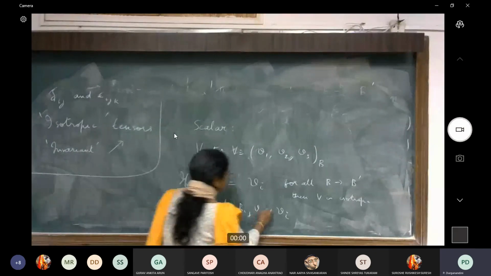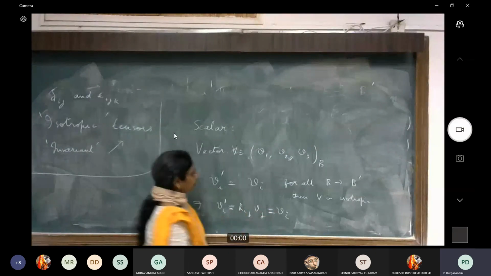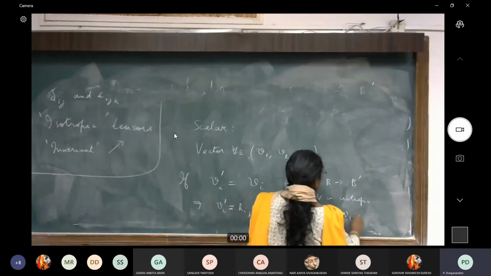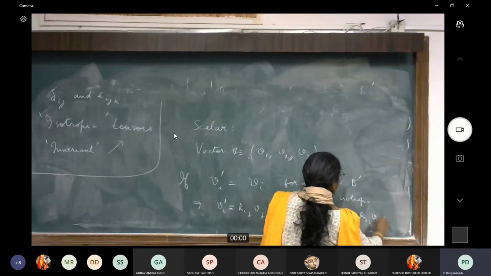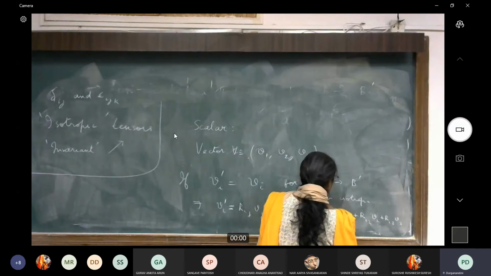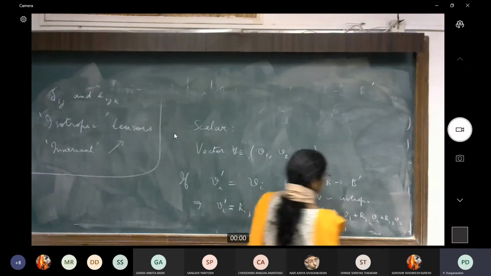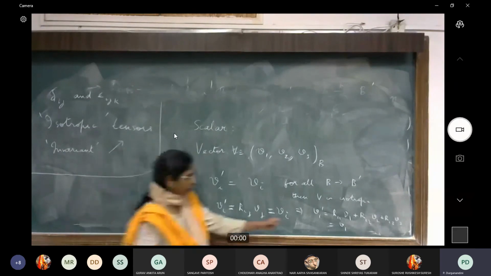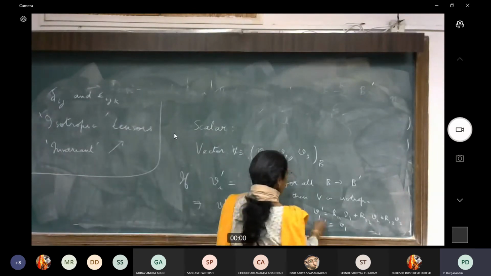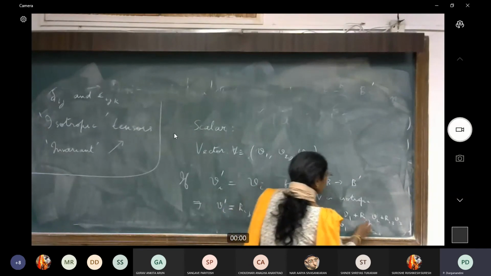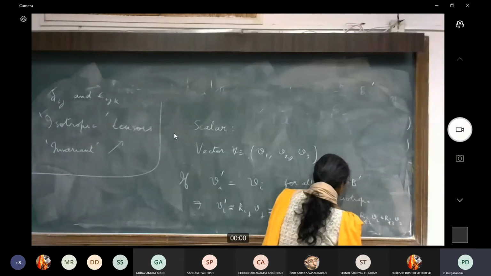So what this tells me is that v1 prime should be equal to R11 v1 plus R12 v2 plus R13 v3, and this should be the same as v1 for any arbitrary R, such that determinant of R equal to plus 1. Similarly for v2 prime and v3 prime. So for i equal to 1, 2, 3, they should be equal to vi.